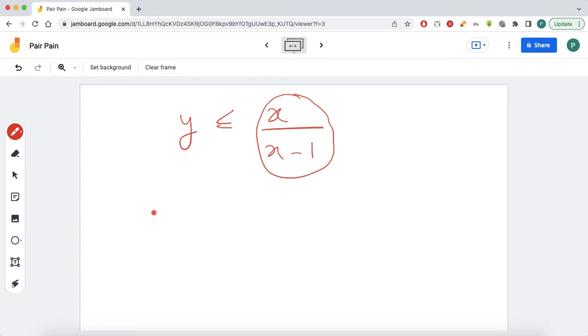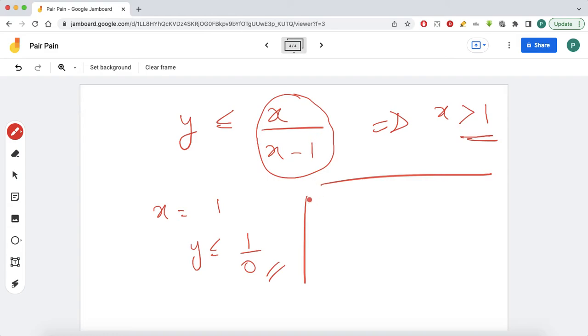If let's say x is 1, then this term will be y less than equal to 1 over 0, which is not defined. So this holds true for x greater than 1. Okay. Next thing is, let's check for x is equal to 2. So y less than equal to 2 over 1, which is 2.